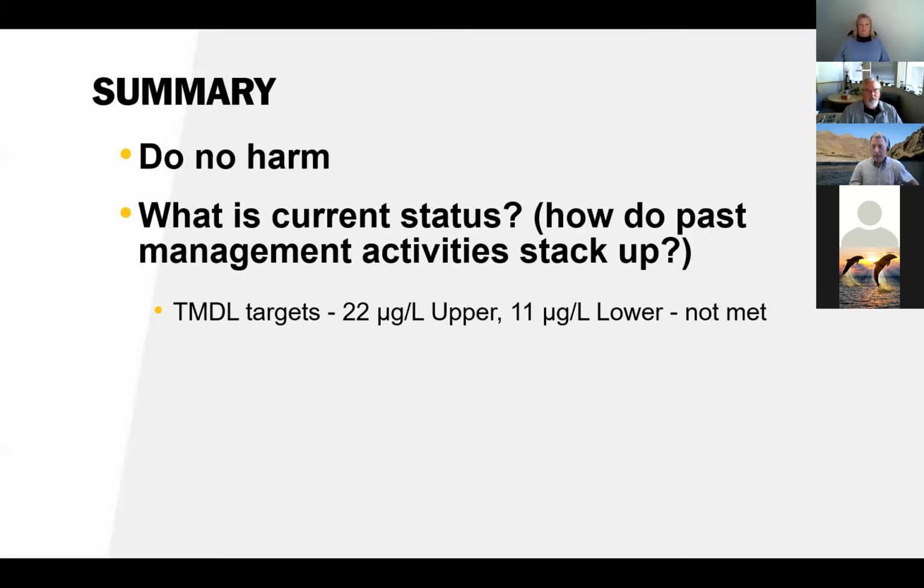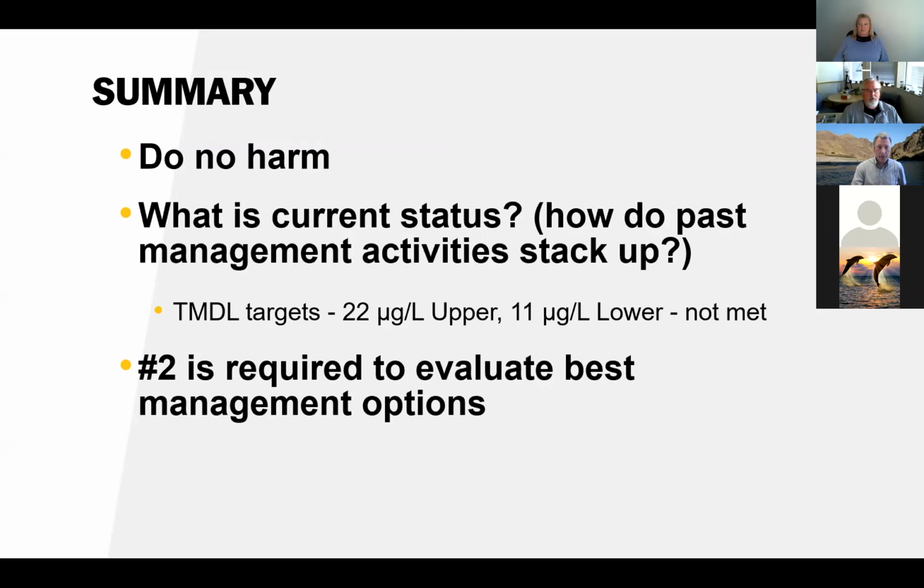The TMDL that IDEQ put together has a target for 22 micrograms per liter of total phosphorus in the upper lake, and half of that, 11 micrograms per liter, in the lower lake. Those targets are not being met at this point in time. And so the question is why and why not, and what practices have worked and what hasn't worked. And then pick the ones that have worked and amplify those.